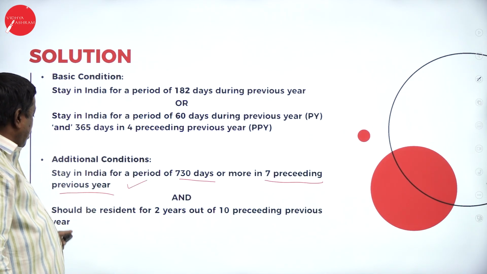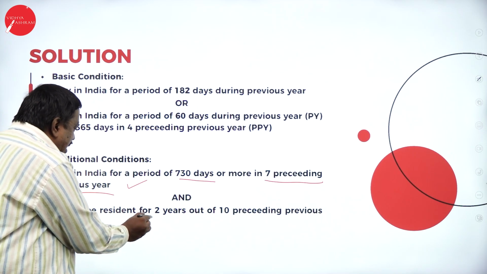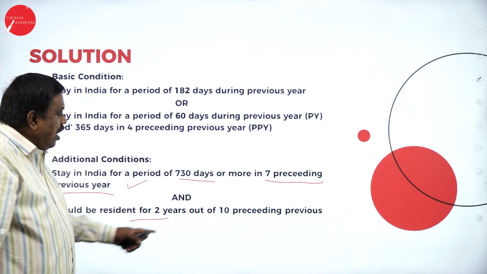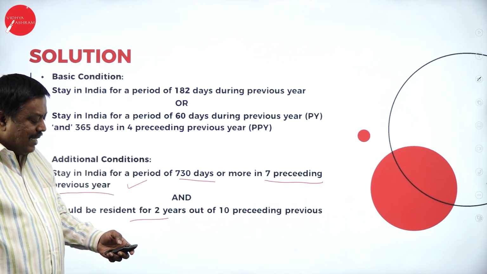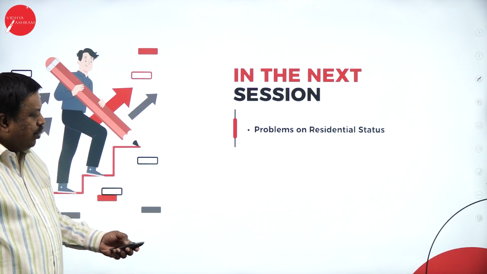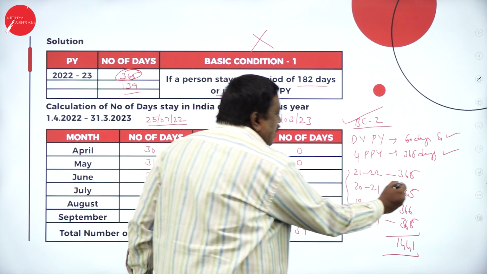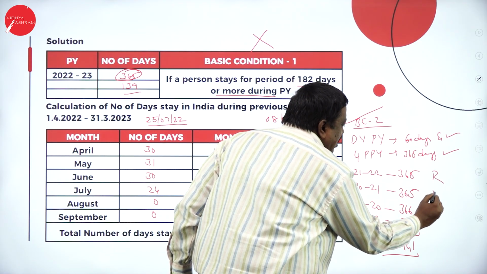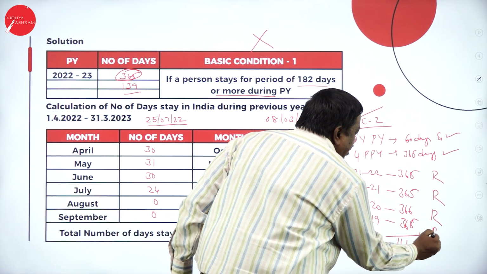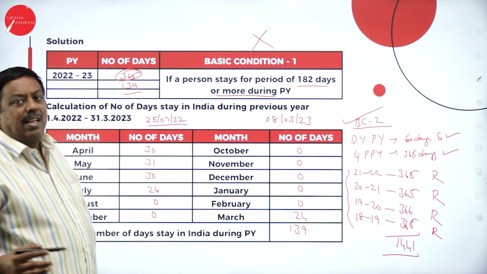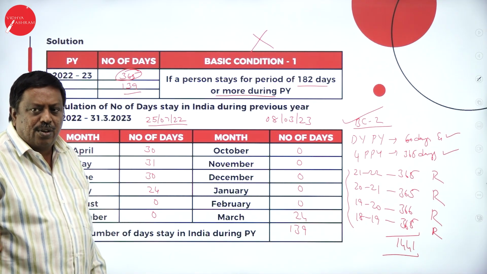What is my second additional condition? I should be a resident for 2 years out of 10 preceding previous years. Out of the 10 preceding previous years, when I've stayed in India for 365 days, my status was resident. All the 10 years, my resident status was resident only.